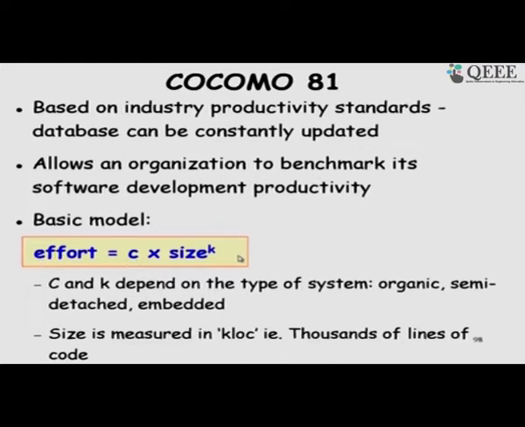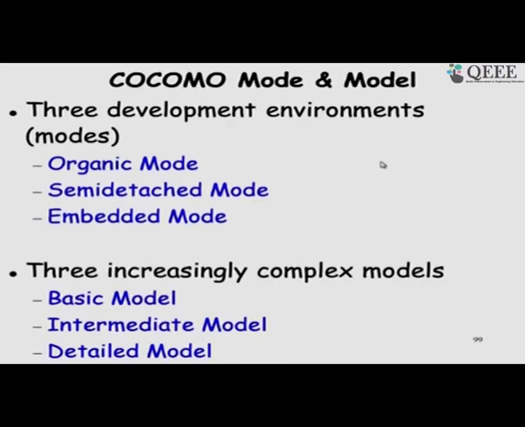It is a very simple expression: effort is determined by the size, and there is a multiplier adjustment factor, and K is called a scale factor. So, there is a scale factor and there is a value adjustment factor.